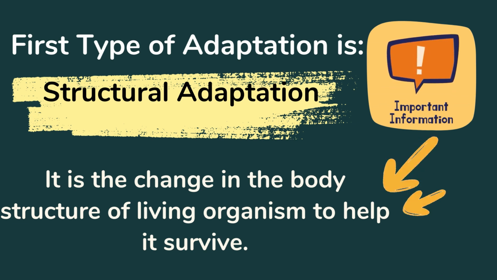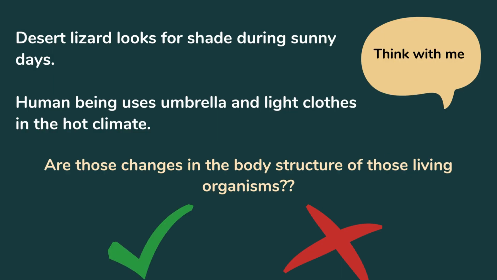Okay, think with me in this. We have learned before that the desert lizard looks for shade or a shaded area during a sunny day, and the human being uses an umbrella and light clothes in a hot climate. Are those changes in the body structure of those living things? Excellent, my smarties, you did it.